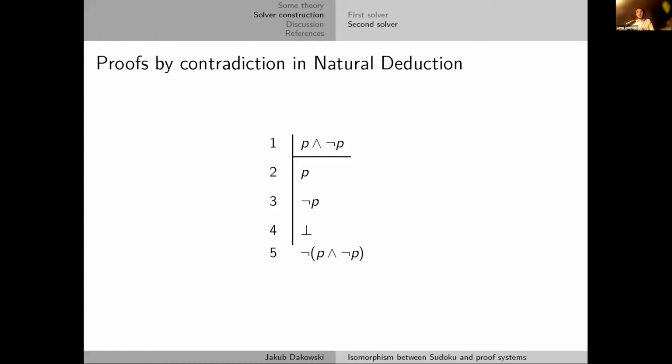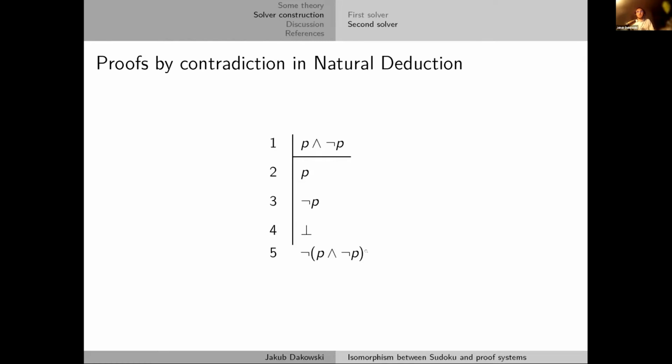As you can see here, this is basically creating an assumption, P and not P. Then we decompose this assumption into a contradiction. Here is our falsum. Then we can dissolve this assumption using a negation rule, which basically tells us that if something leads to a contradiction, we can assume the negation of it.